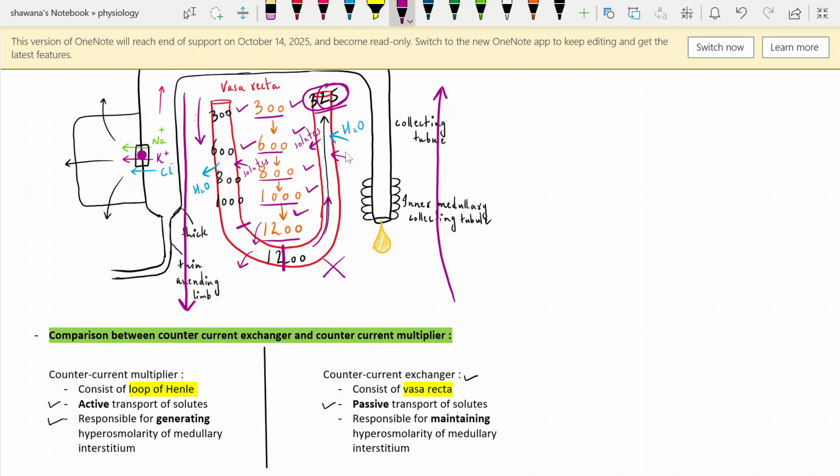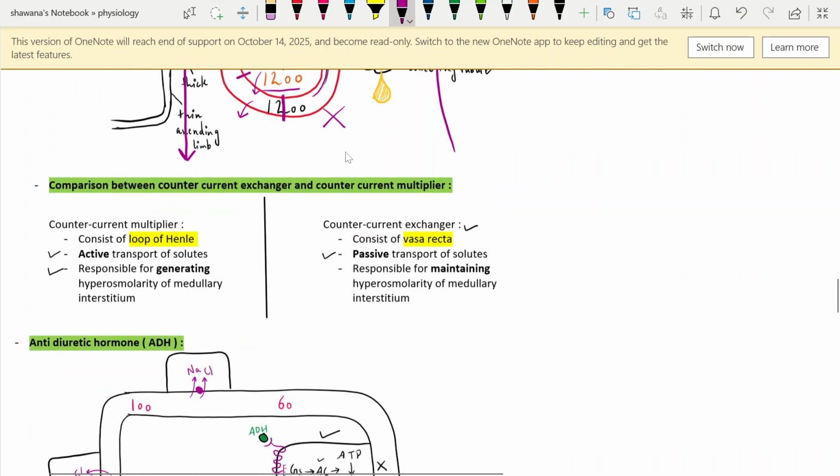So what's the difference between countercurrent exchanger and countercurrent multiplier? The countercurrent multiplier refers to the loop of Henle, the descending part and the ascending part. The descending part is permeable to water and starts to lose water, and the tubular fluid starts to become hyperosmolar.